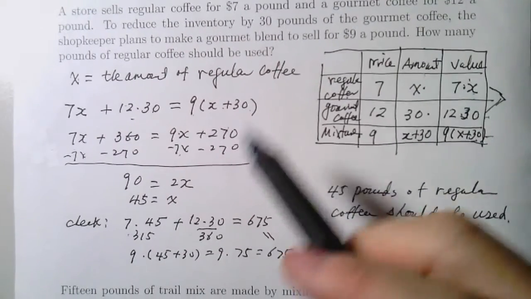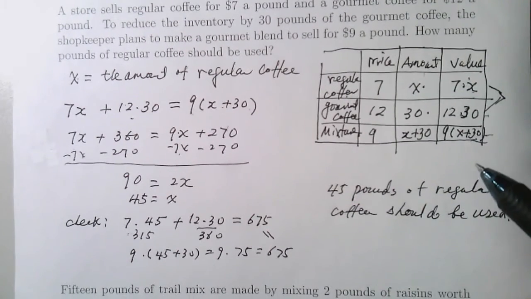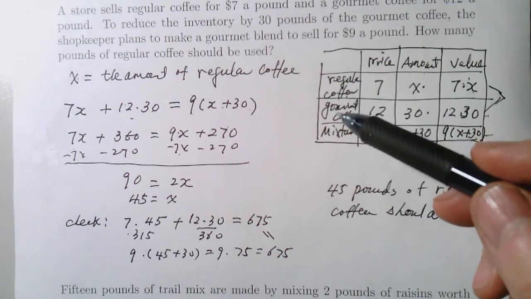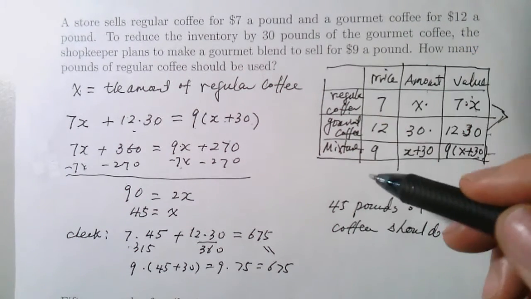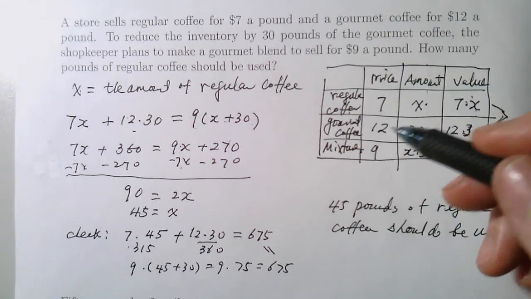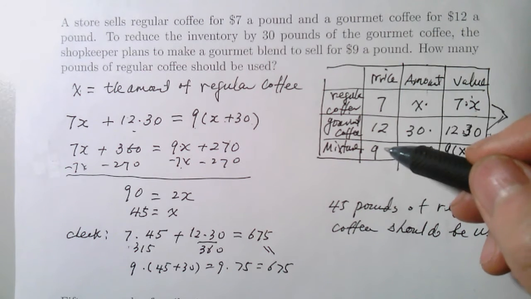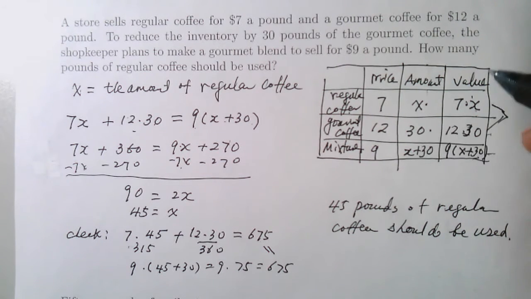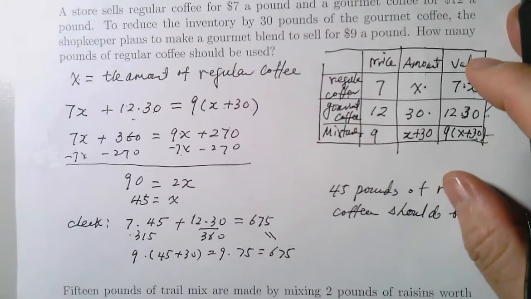That's normally how we solve a problem like this. We list all the merchandise with the price, the amount, then the values. Make sure the total value before mixing equals the total value after mixing. Then you have an equation, you set up the equation, and you solve it.